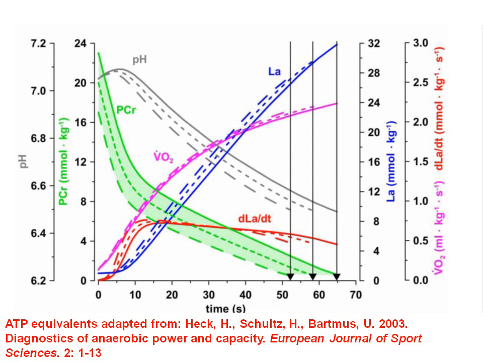We know we're producing more hydrogen ions if we look at the pH. Remember I said that hydrogen ions make the cell acidic. You can see that the pH is starting to decrease, so the cell is becoming more acidic. And the more acidic the cell becomes, the harder it is for glycolysis to work, the harder it is for PCR breakdown to work.